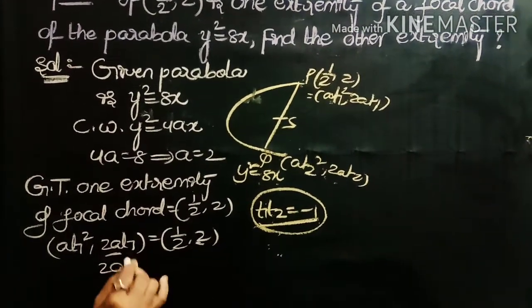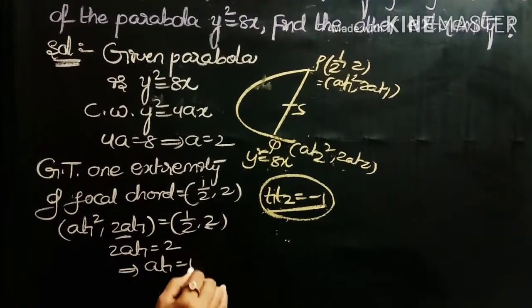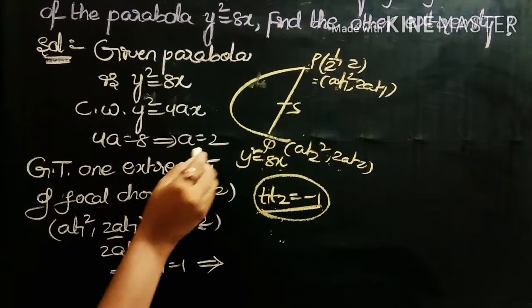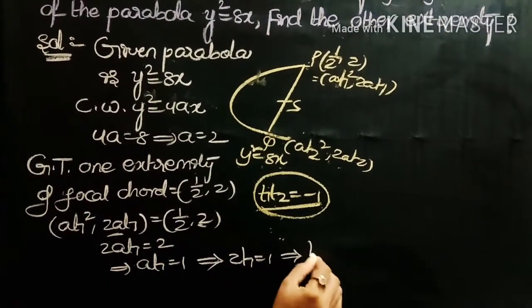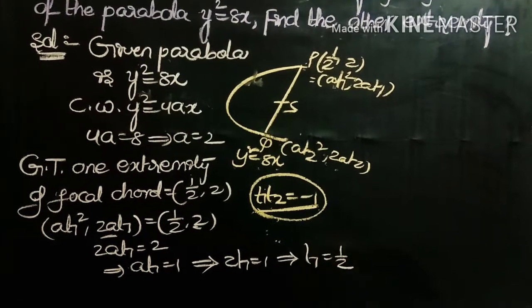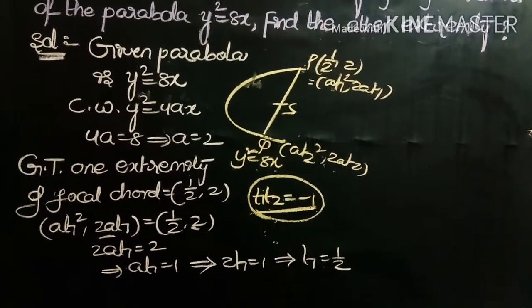Equating the second coordinates, the y coordinates: 2a t1 is equal to 2, that is a t1 is equal to 1. Here a is equal to 2, that is 2 t1 is equal to 1. Then the value of t1 is equal to 1 by 2.